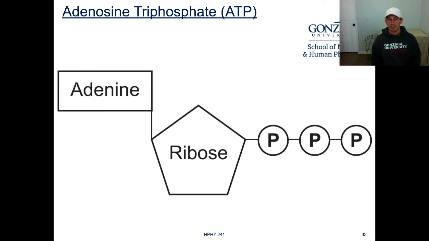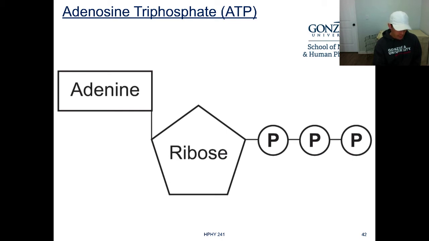Here's another way to visualize ATP. It's got this ribose 5-carbon sugar central unit. It's got an adenine group here. Again, I'm just showing this in a basic illustration. The reason it's triphosphate is because it has 1, 2, 3 phosphates, and this isn't a phosphate molecule, it's a phosphate group, okay?